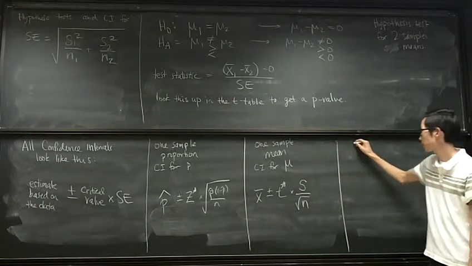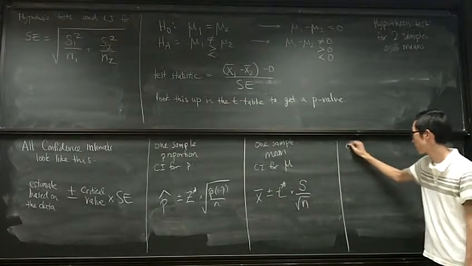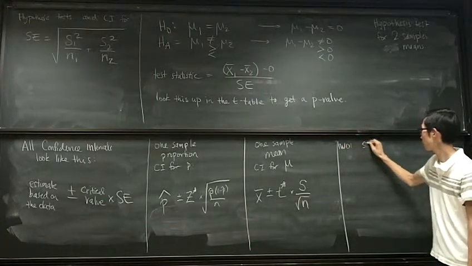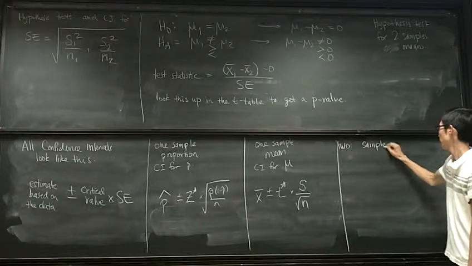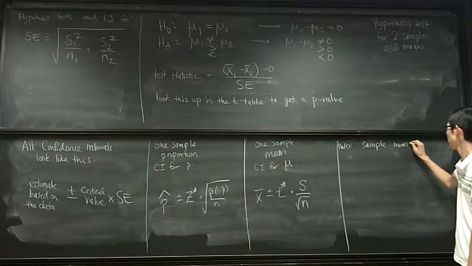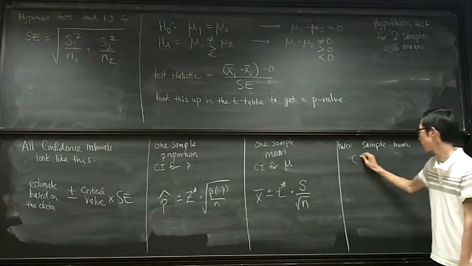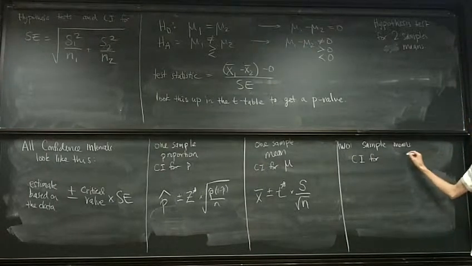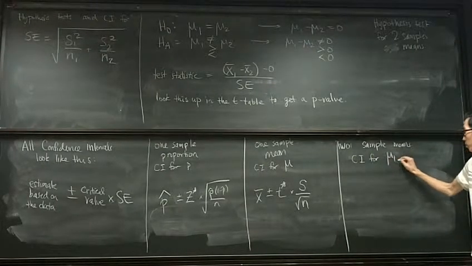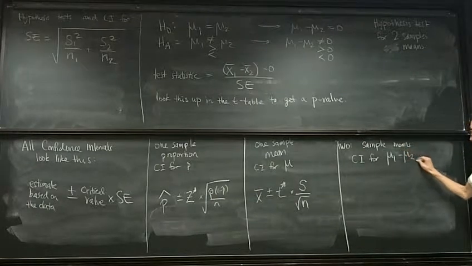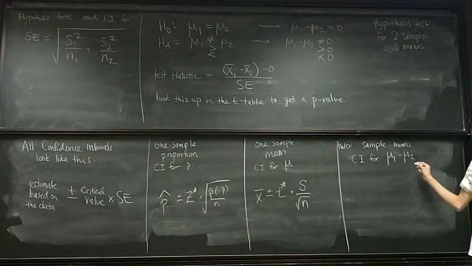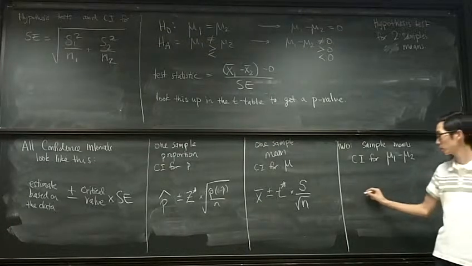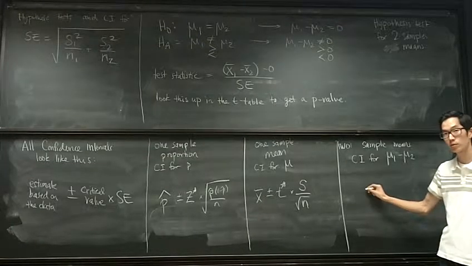Now we're going to make a confidence interval for two sample means. Okay, so this is a confidence interval for what? Mu1 minus mu2. Okay, what's my best guess for mu1 minus mu2? That's going to be my estimate based on the sample.